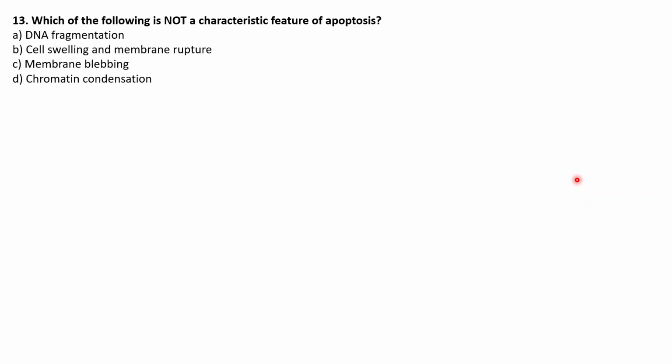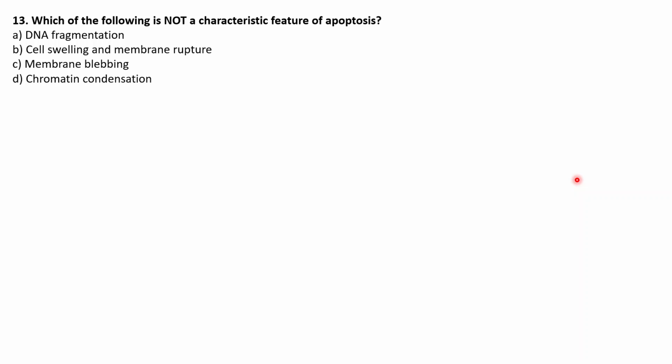Good. I'm getting some answers. Does anyone else want to try? So you're right. D is not, unfortunately, a characteristic feature of apoptosis.